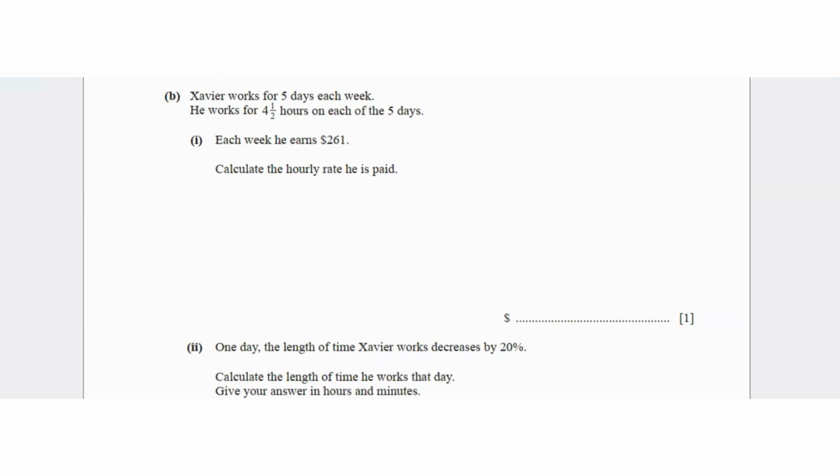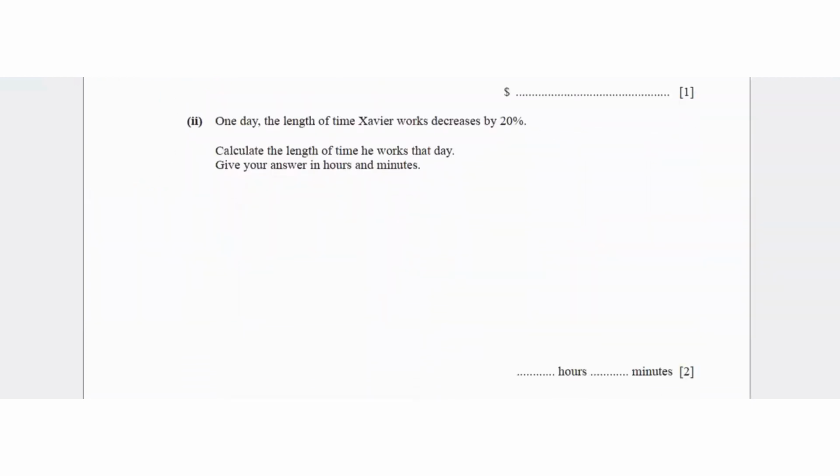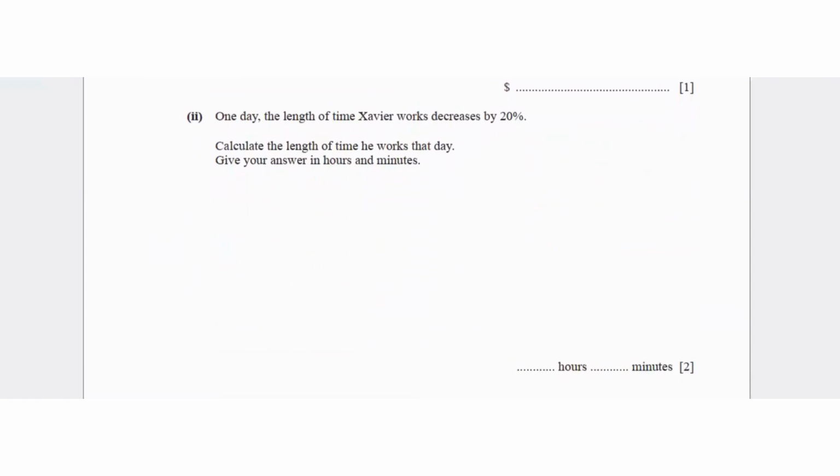Then in the next part, it says one day the length of time Xavier works decreases by 20%. Calculate the length of time he works that day. So if the length is decreasing by 20%, that means your 4.5 is being decreased by 20%. So 4.5 minus 20% of 4.5.